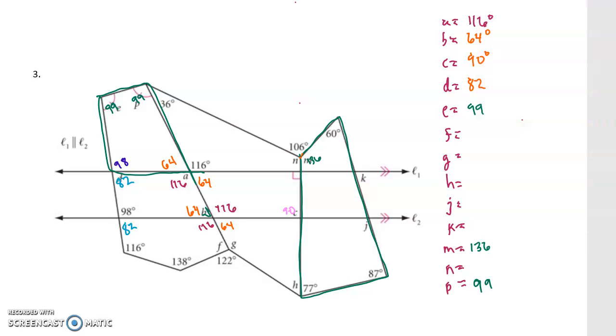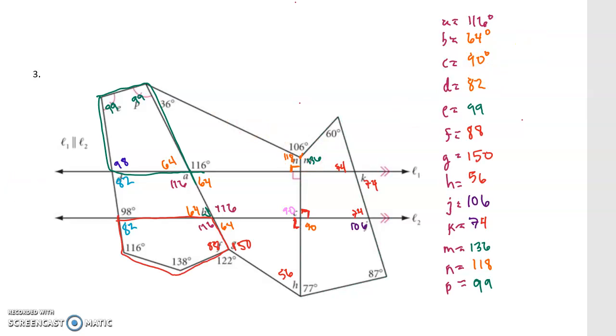So notice there's this point, and this actually makes a circle, so that's 360 degrees. You can use that to get N. So do 360 minus 106 minus 136. So N is 118. I ran out of time, but here are some of the other answers.